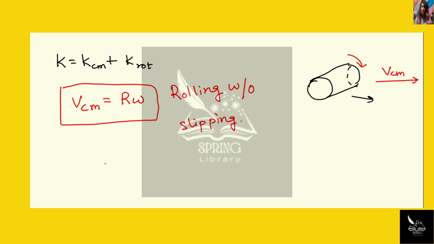So now if we want to write the fraction of total kinetic energy that is rotational, so that means the fraction will be equal to the rotational part of the total kinetic energy, which is 1/2 the moment of inertia when the axis is at the center.